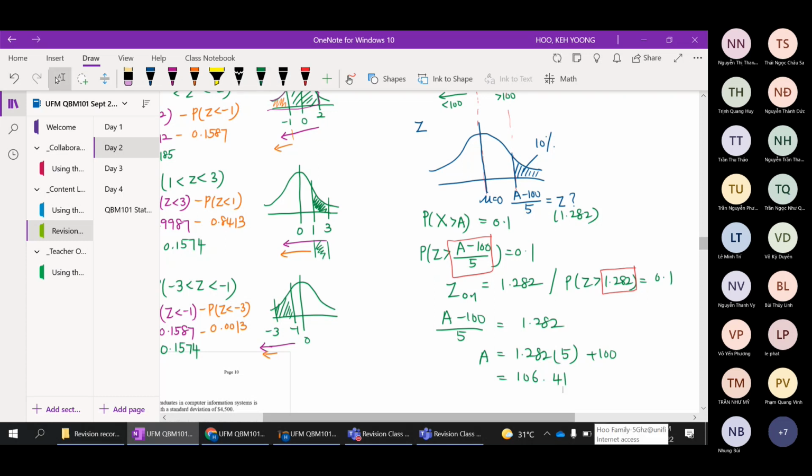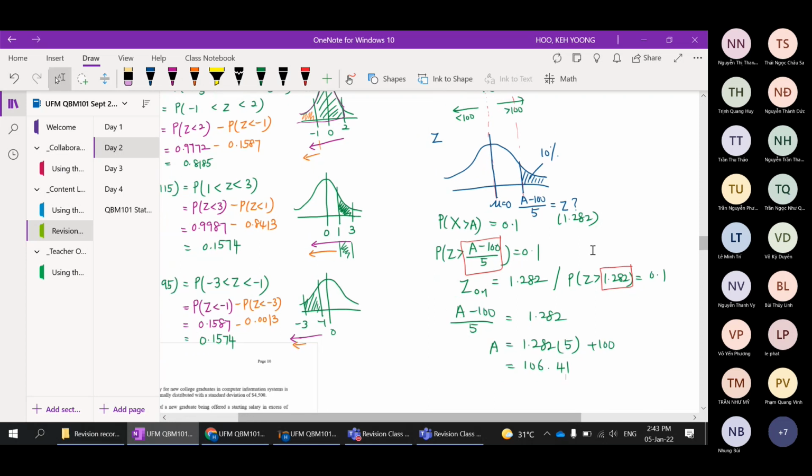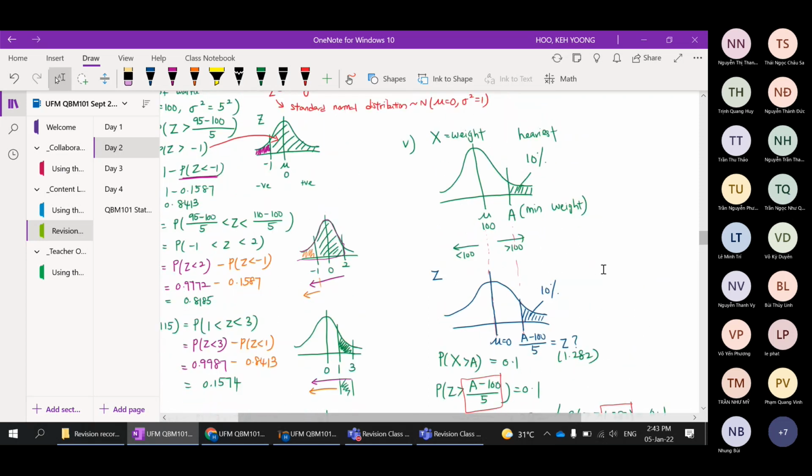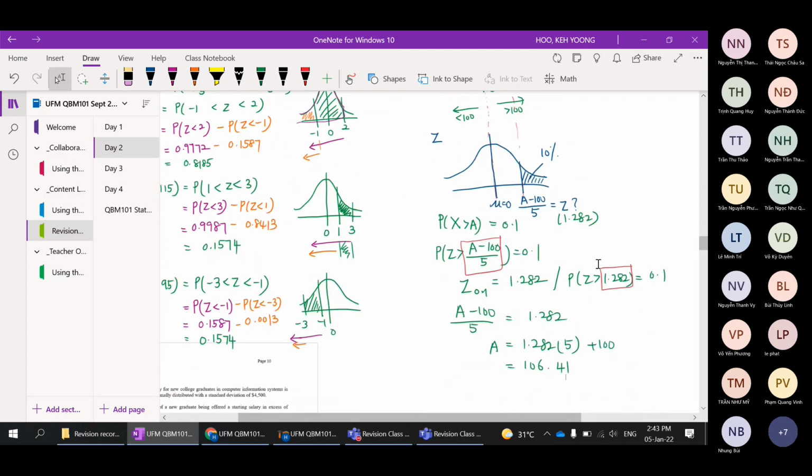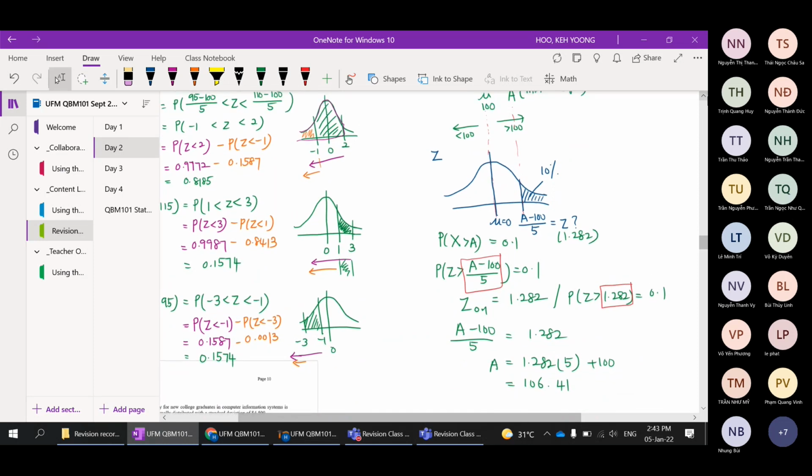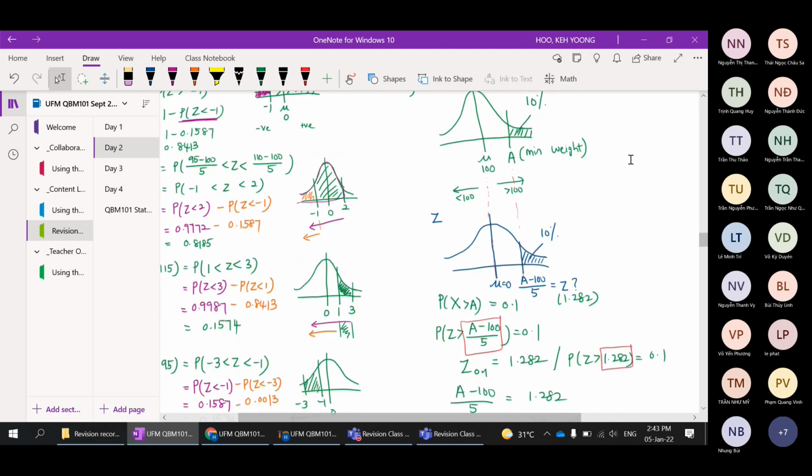Okay, any questions? This one is a bit tough. Can you understand what I'm saying here? Do we need to draw the distribution estimates for each one?